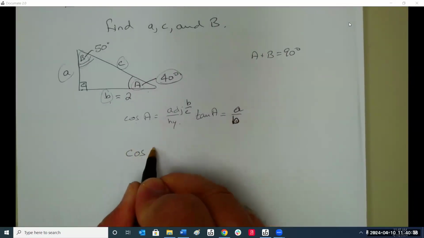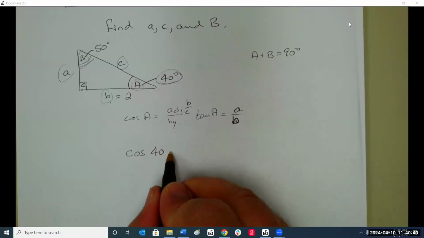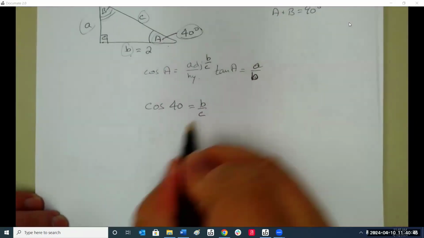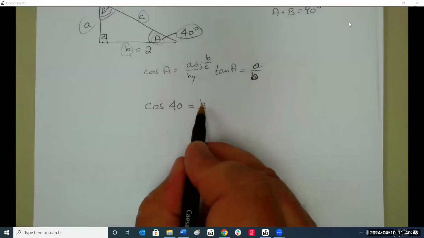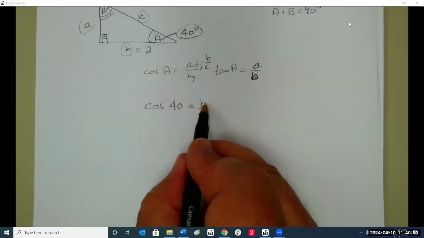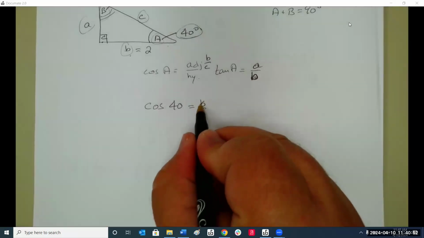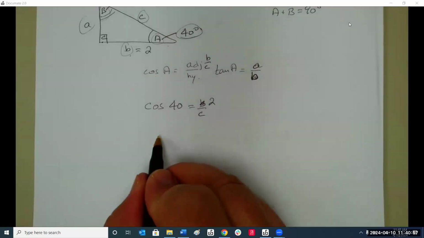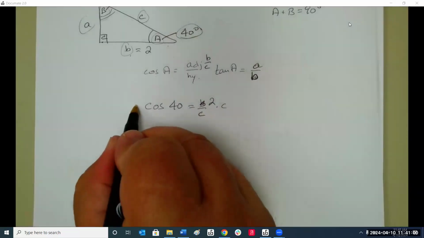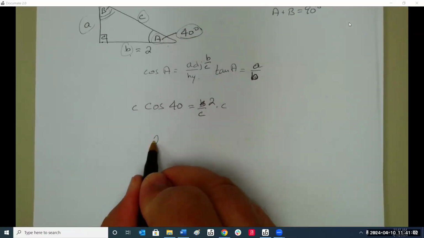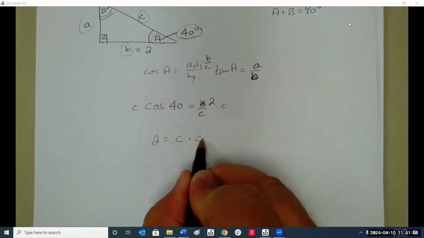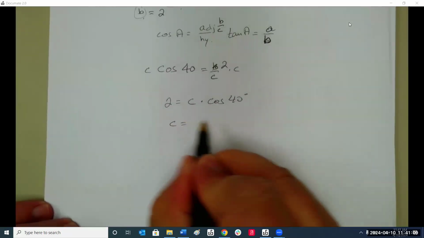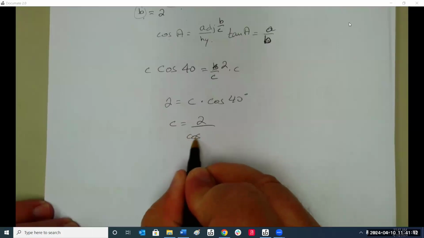So the cosine of 40 degrees is equal to B over C. How do we know what B is? So if we multiply both sides by C, we got 2 equals C times cosine 40. C is equal to 2 divided by cosine 40.